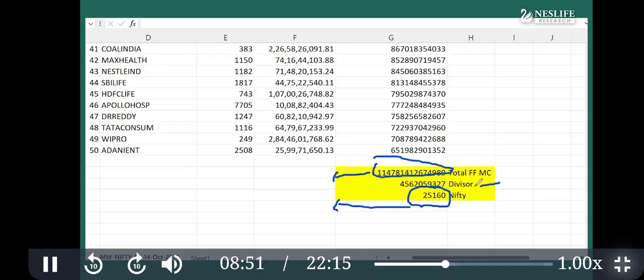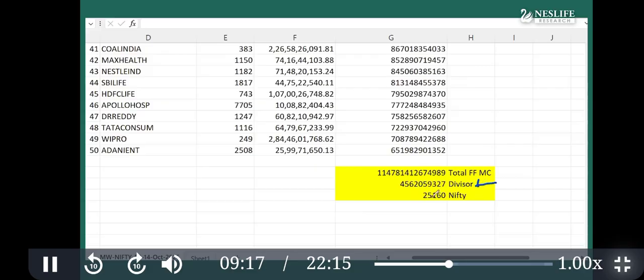Now this divisor is based on the base market capitalization when the index was started. Then there are certain adjustments when promoters issue fresh shares or new companies are added to the index. The previous one is removed. There are a lot of activities going on. So that's why this divisor is their copyright, and they make a huge amount from making the index. For us, it is not important.